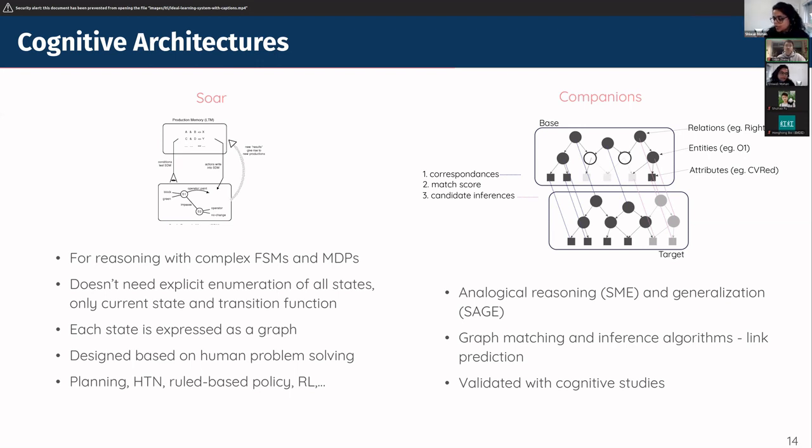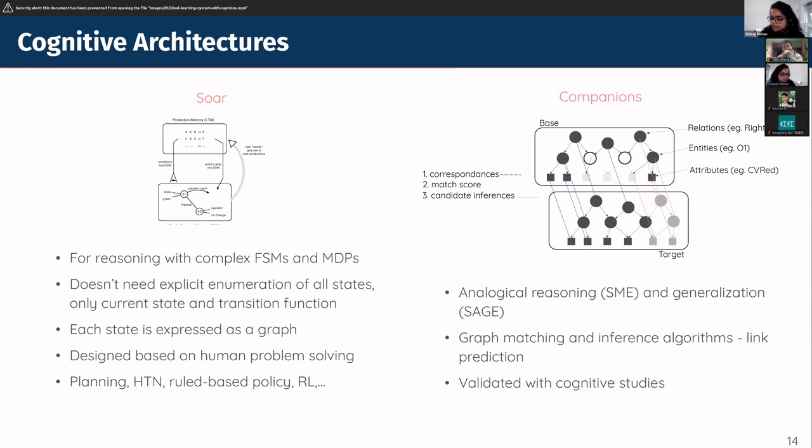Companions is an architecture that was developed at Northwestern University in the CS department. It is a very strong theory on representation and reasoning with complex representations. How do we know that two things are similar or different? How do we know what we can infer given some parts of that representation?